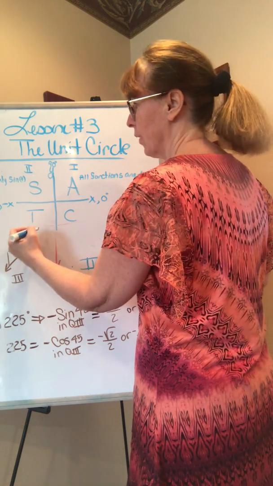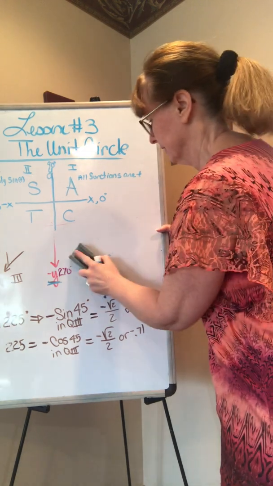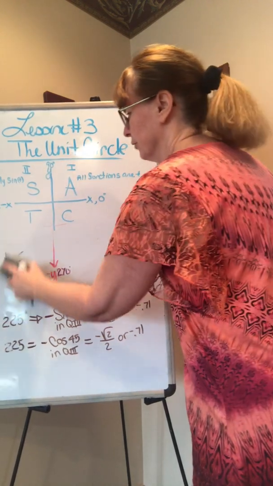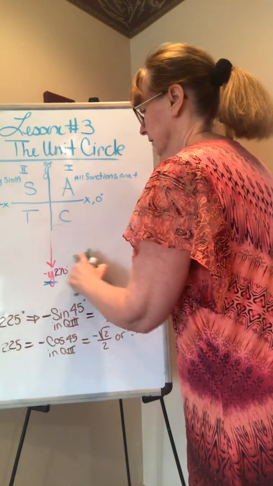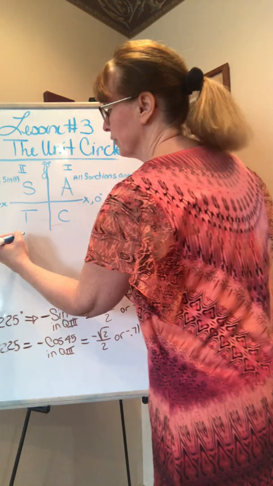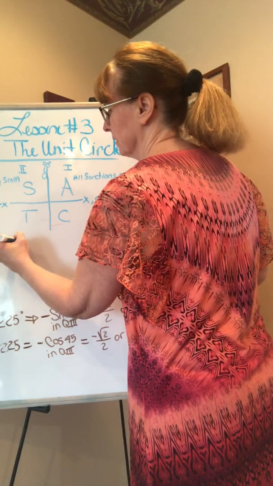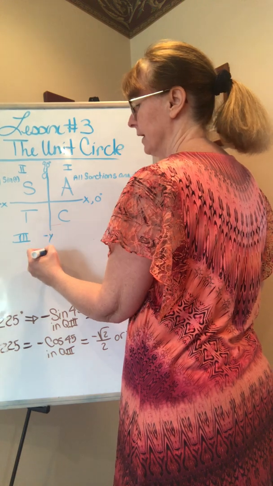I come around to quadrant 3. And again, let me just get rid of some of this stuff so it's not so sloppy. So if I come around to quadrant 3, it comes from negative x and negative y.